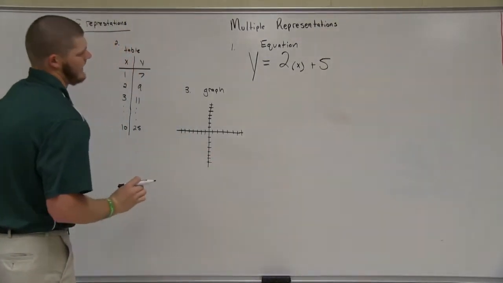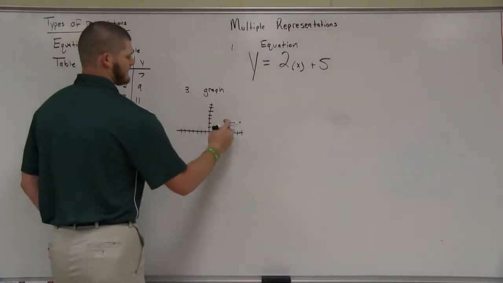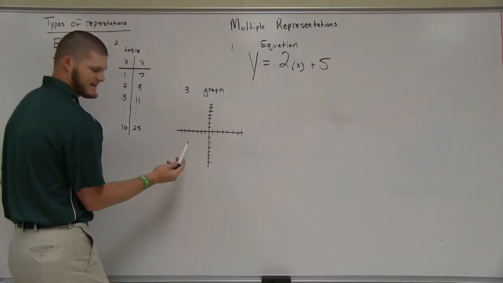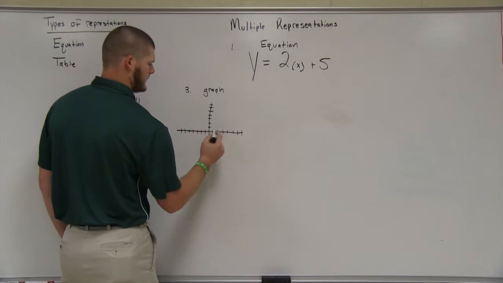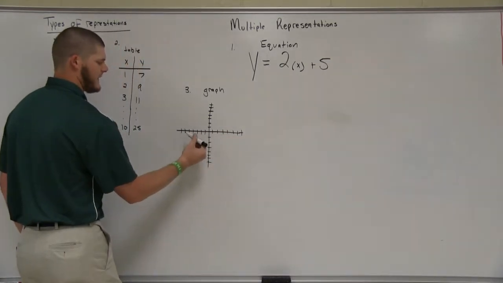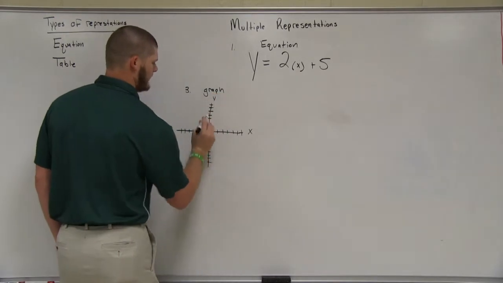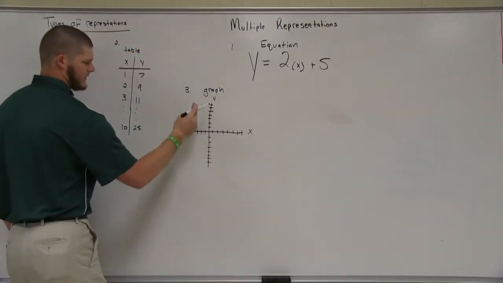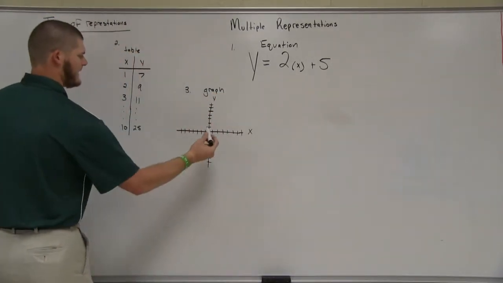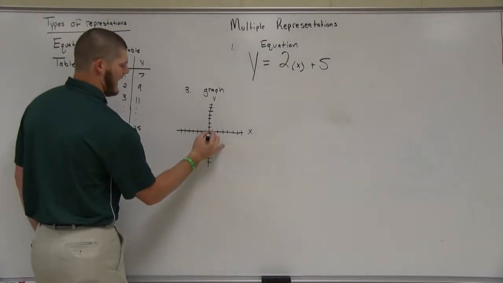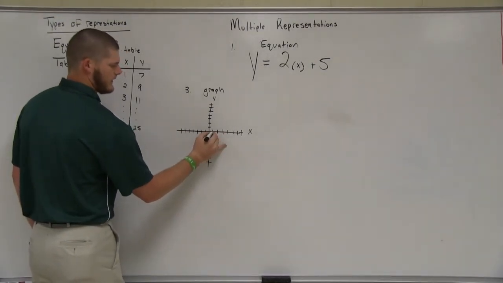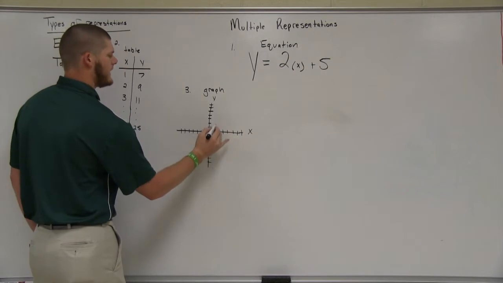What we would do is take our data, and each tick equals 1 forward, plus 1, and each one back is minus 1 on our x value. This is our y value, up and down. Up is plus, down is minus. So at x equals 1, we know that our y would equal 7.